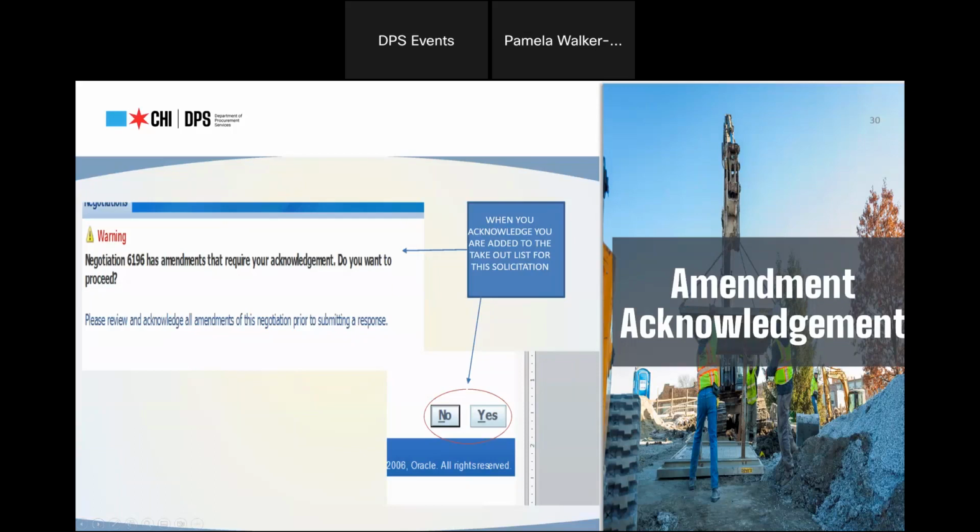Once you do that, the next time you go in and look at the solicitation, it's going to be 6196,1. So remember from the beginning of the presentation, I stated that once there is an amendment, the number has the RFQ number, then a comma, and then whatever next amendment number it is. In one of the examples, it had comma 2. So there were two amendments, two things changed. So be cognizant. Next, please.